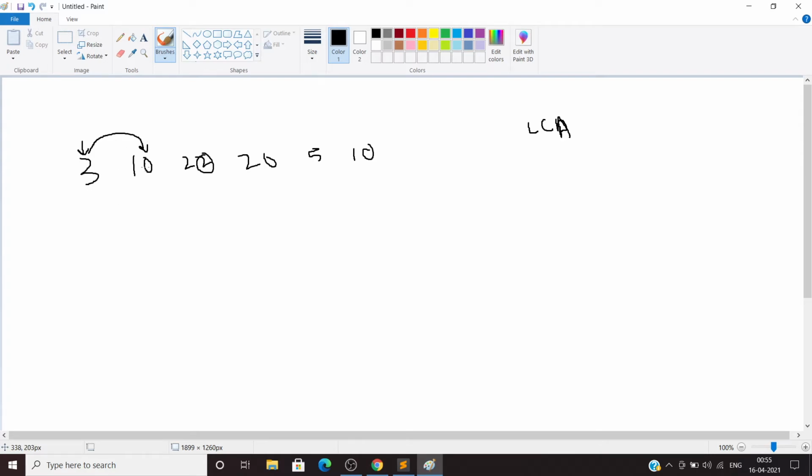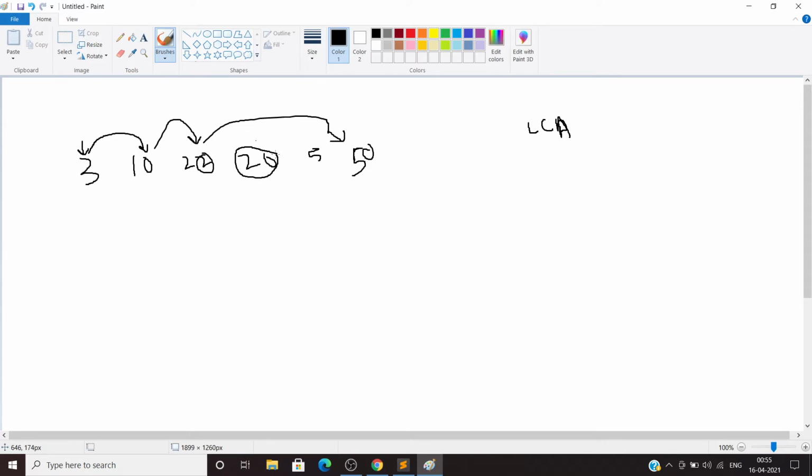So we can see 3 to 10, then 10 to 20, and after 20 we can see, oh wait a minute, this was not 10, this was 50. I am extremely sorry.